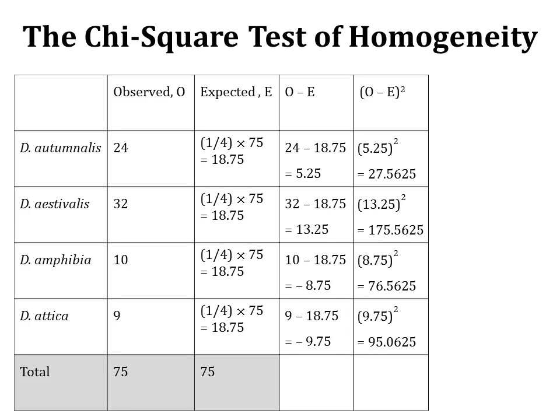So you have to ignore the minus sign in the last two rows. Why? Because we are going to take the square of these values in the next column, so it's not going to make any difference if there is a minus sign or a plus sign.